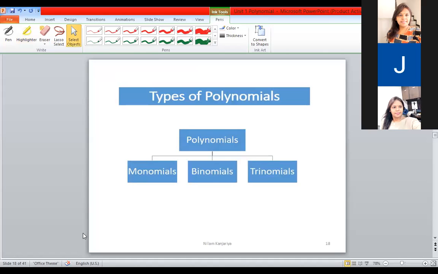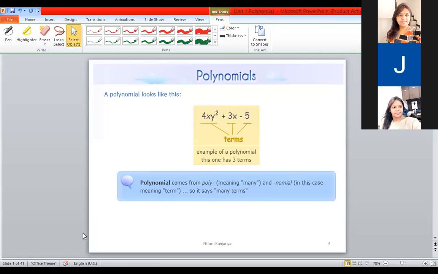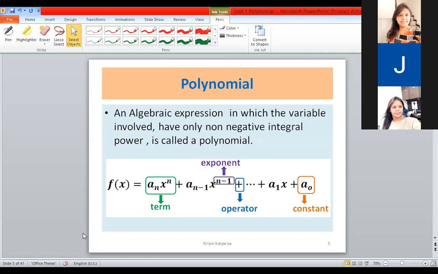Term means, look, this is called a term. This is the first term. This is your second term, and this is your last term.